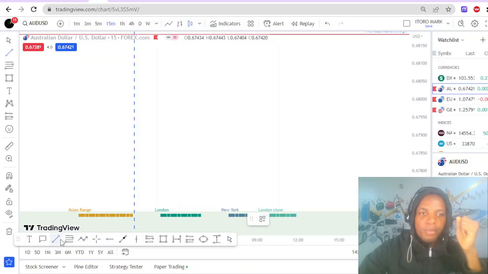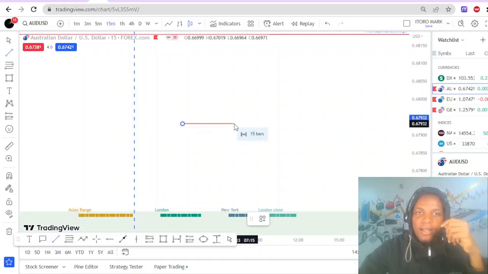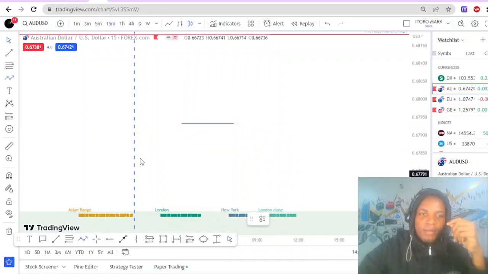Here is a very simple ICT 2022 YouTube mentorship setup that you can use to make some bucks from the market. The setup forms after liquidity has been taken in the market. That's just it. After liquidity has been taken, that's where you see the setup.